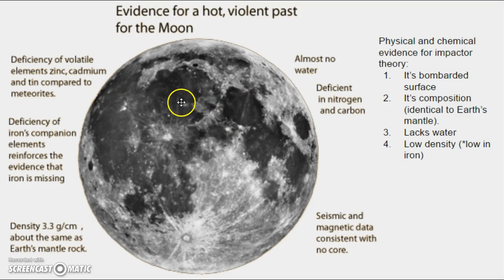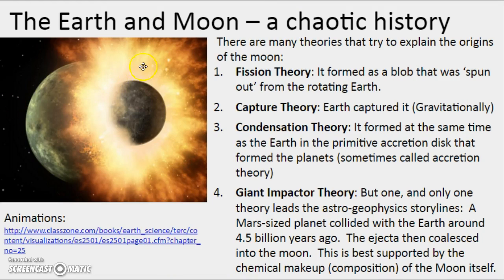So if we look at a picture of the moon, the lunar surface, the physical and chemical evidence for the impactor theory are the following. It's got a bombarded surface, so let's not ignore the fact that observation is important here. Its composition is identical to the Earth's mantle, which would be consistent with the collision blasting out debris, not from the interior Earth, but from the external layers of the Earth, Earth's crust and mantle.